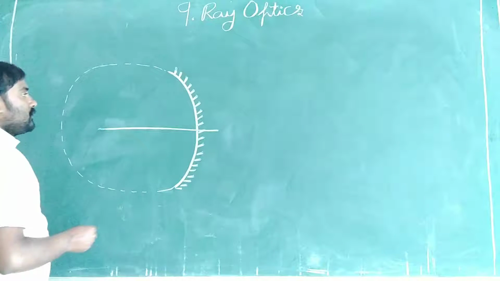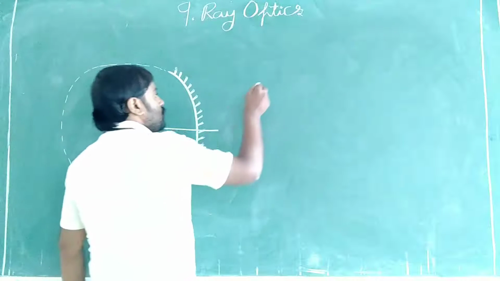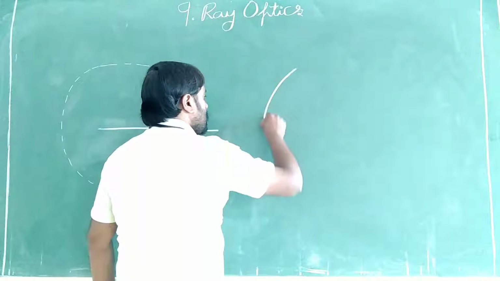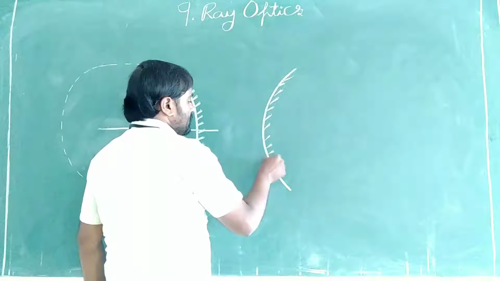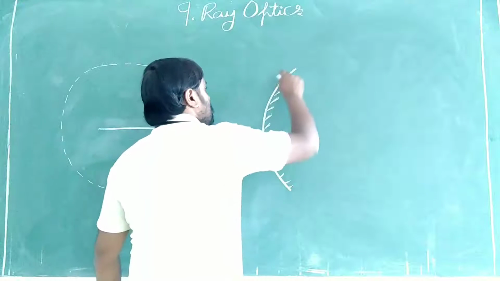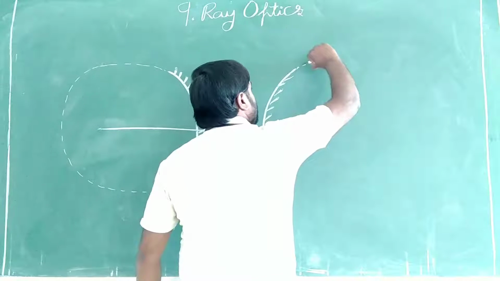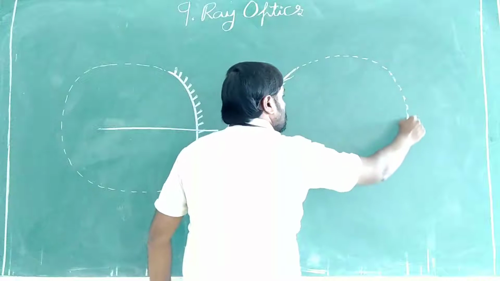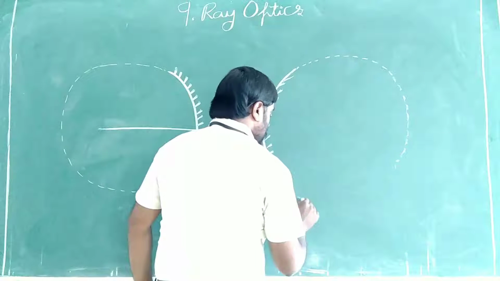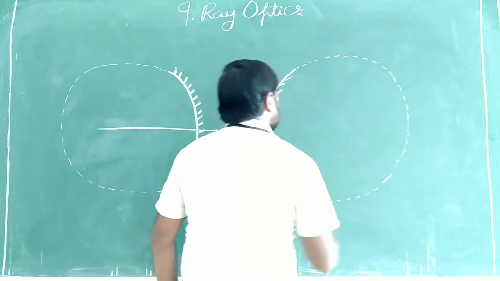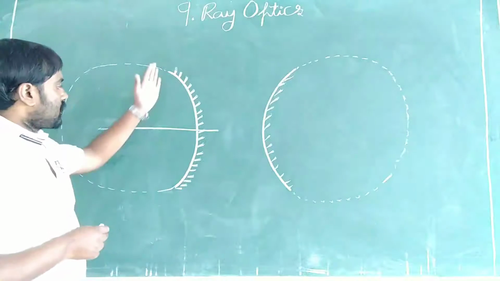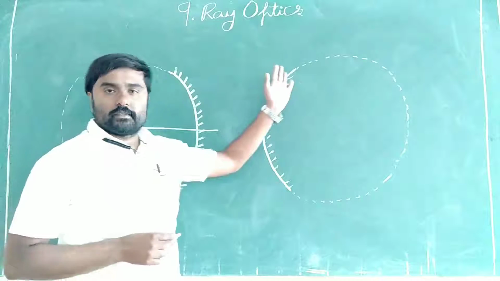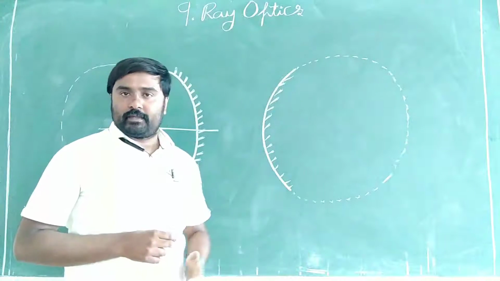Okay. So what is the meaning of convex mirror? The light gets reflected from the outside surface of a part of a hollow sphere, that is a convex mirror. So this is the concave mirror, this one is the convex mirror.